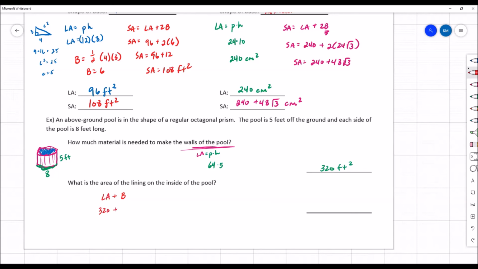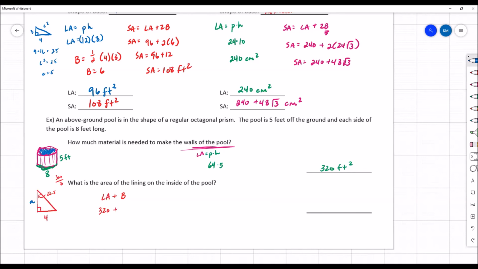Now the area of our base, let's try that. We're going to have to use a little bit of trig here. This is going to be 4, right? We have 360 divided by 8, which gives us 45, and when we split that, that gives us 22.5 here. If we're looking for our altitude here, our apothem, then we'll be able to find that by doing opposite over adjacent, tangent.